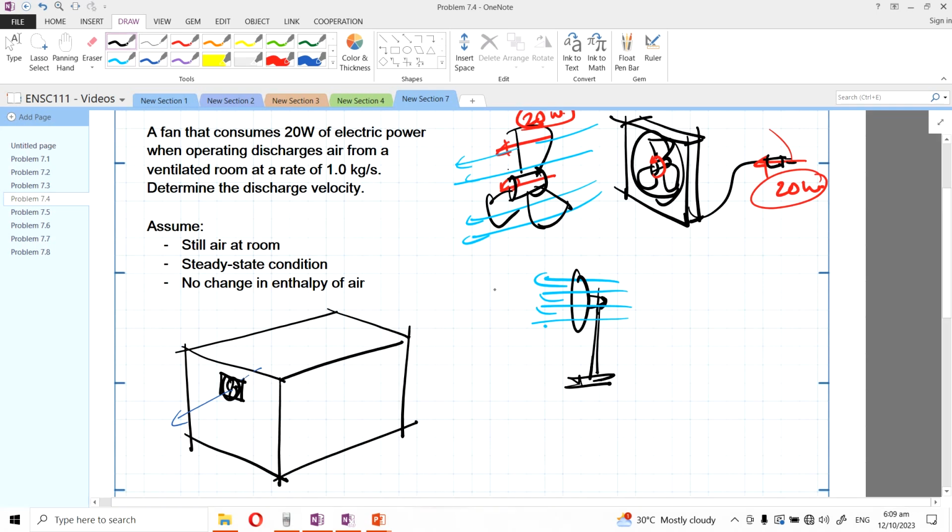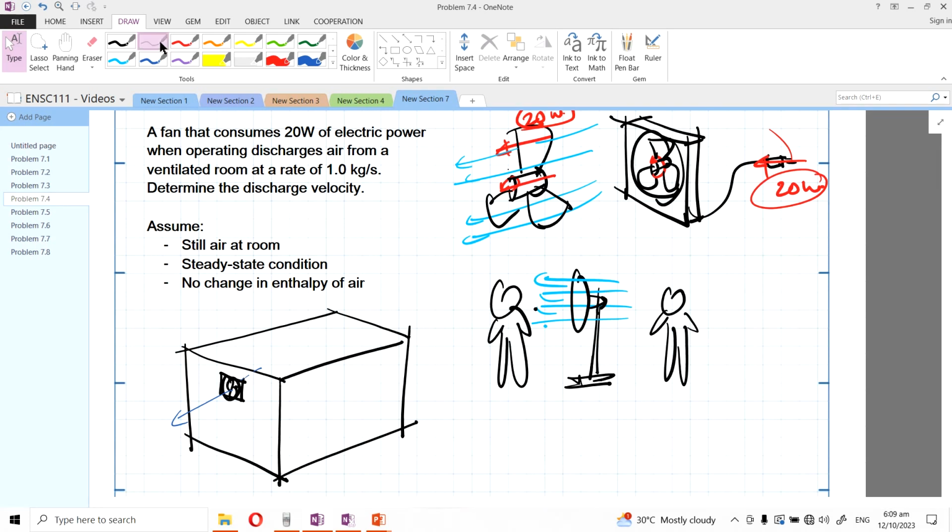If you are here, you can feel a lot of velocity, but if you're here, you don't feel much velocity, right? So there's a difference in the velocity. Now, if we consider an entire room, then probably we can assume that the velocity in the room is so still air.